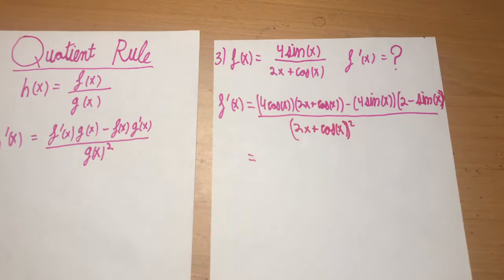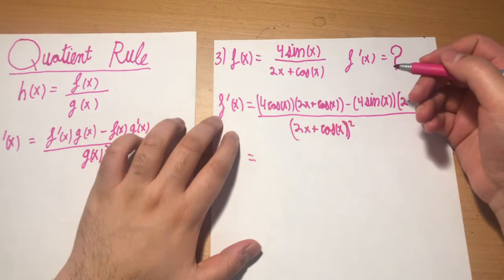All right, so again, in just one step, we finished the calculus. Now let's do the algebra. So let's multiply everything out.